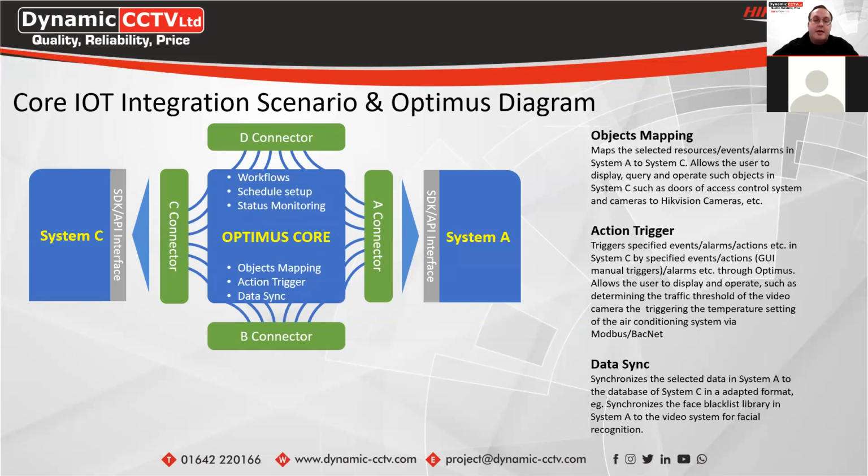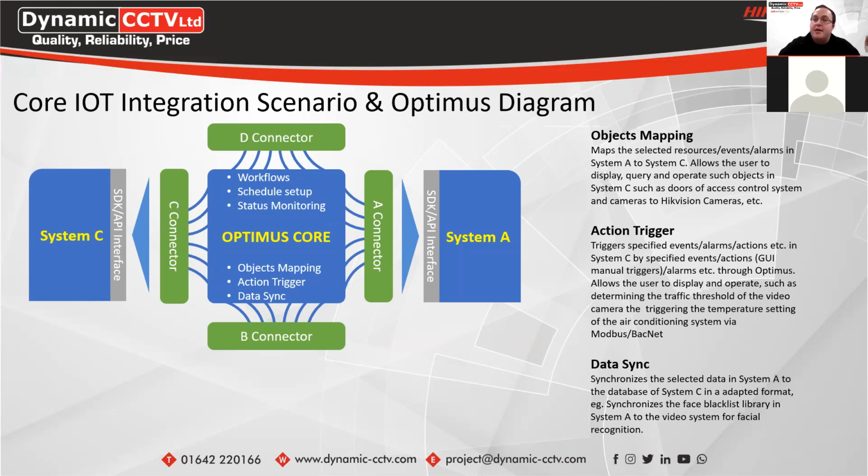So this is a basic overview of how the systems interact using the Optimus software. You'd have System A and System C, so one of them would be your CEE system. If we say CEE is System A, then System C is a third-party system. You then have a connector which sits in between the third-party system and the Optimus core, which will manage the different workflows, the status monitoring, and control the triggers.